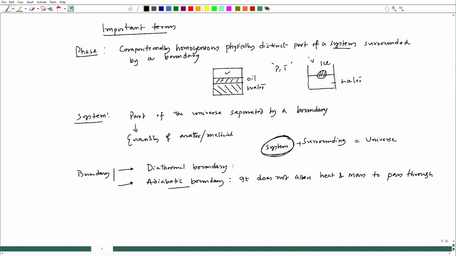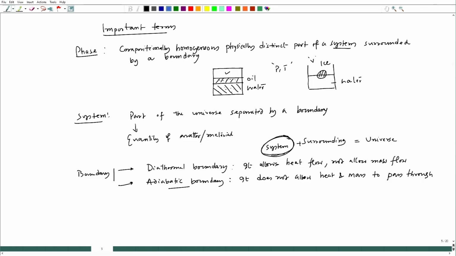In a diathermal wall, it allows heat flow, but does not allow mass flow. So, these two boundaries are there, and depending on the existence of these boundaries, I can define different systems.